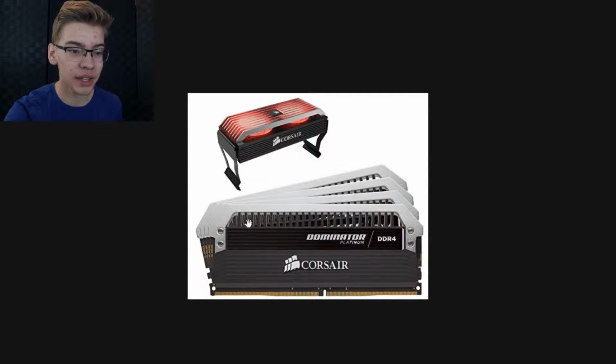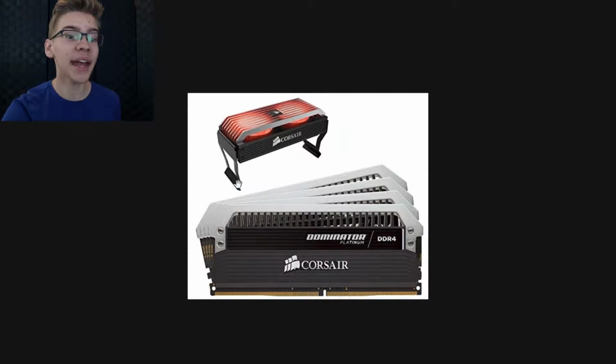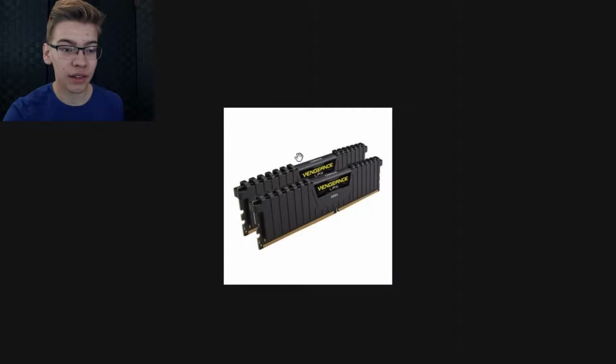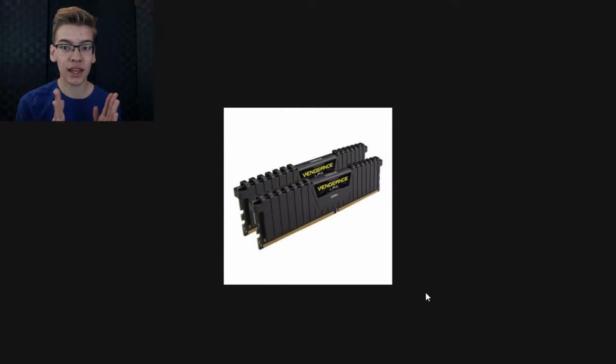So this one right here, it has all these heat spreaders already, and then you can stick this thing on it that has fans. If you want to overclock your RAM, you might want to look into one of these, but I think it's overkill. I just say get anything like this where it's just anything that covers it.